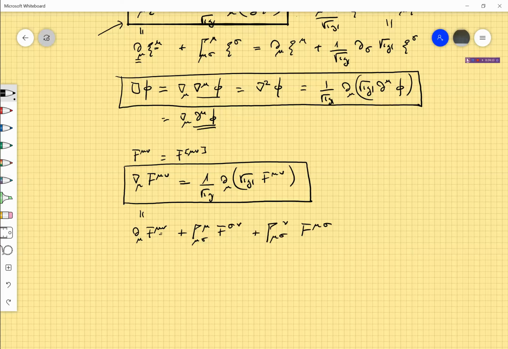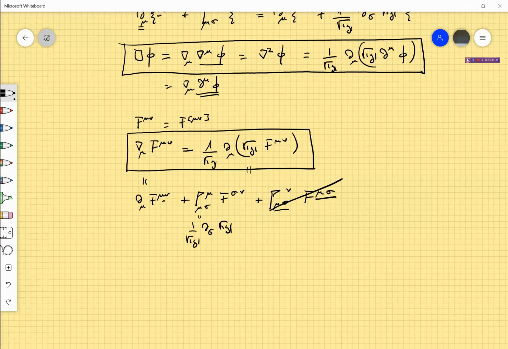Now this second term with the Levi-Civita connection, this is symmetric and this is antisymmetric. These two indices are contracted, so this second term vanishes. This one is 1 over the square root of g partial sigma square root of g, and just like we did before, this is equal to this. Okay, so this is the proof and the final property.